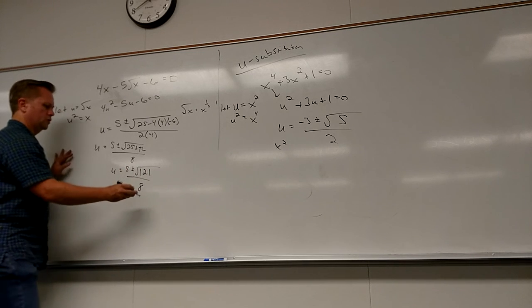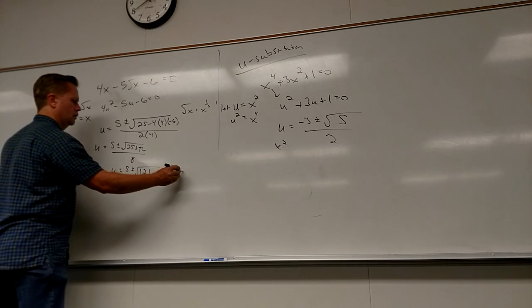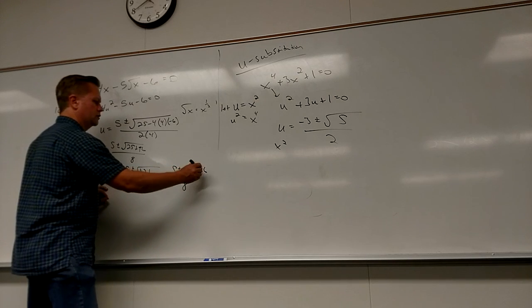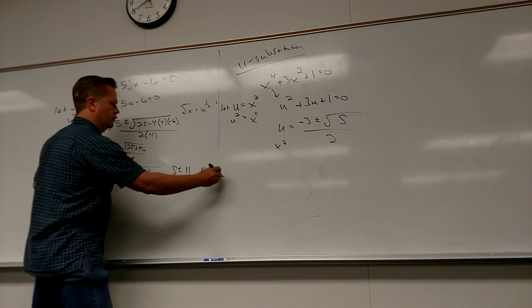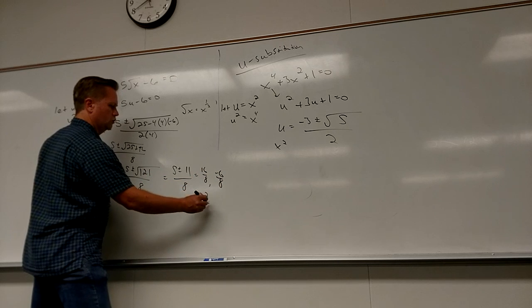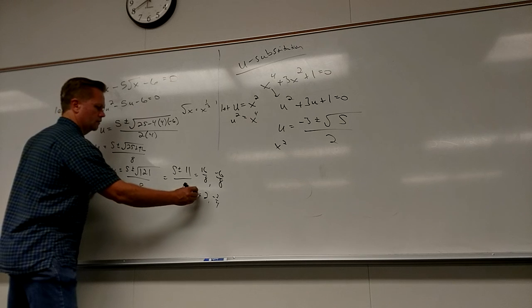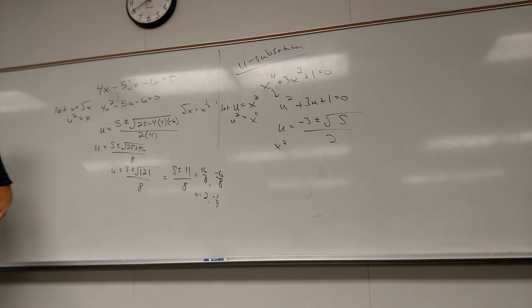What's the square root of 121? 11. So I get 5 plus 11 over 8, and 5 minus 11 over 8. So I get 2 and negative 3/4. That's what u is. Let me stop there for a second.